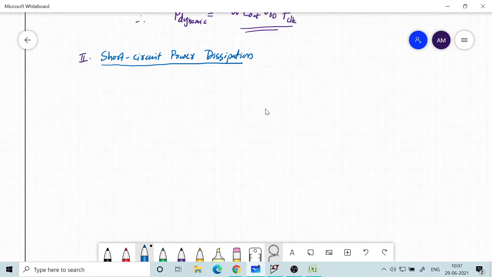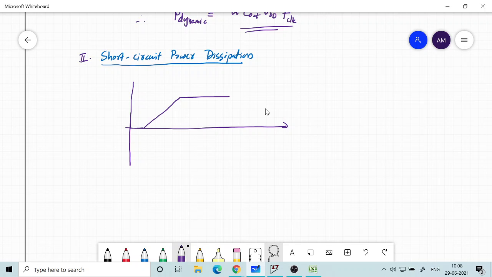Now if I plot that short circuit current, first of all, let me draw the input waveform. Slowly I am rising, and then it stays at high state, and then slowly I am falling. Now the critical point is when the NMOS is getting turned on.